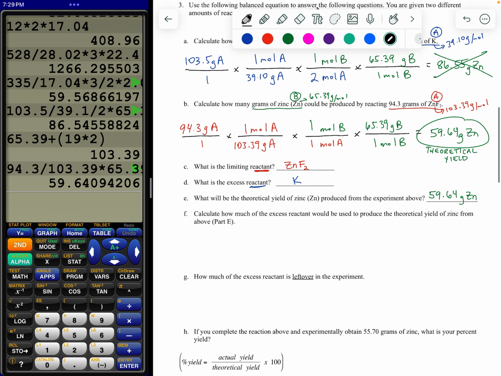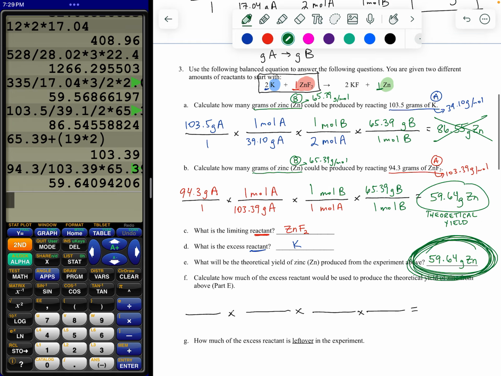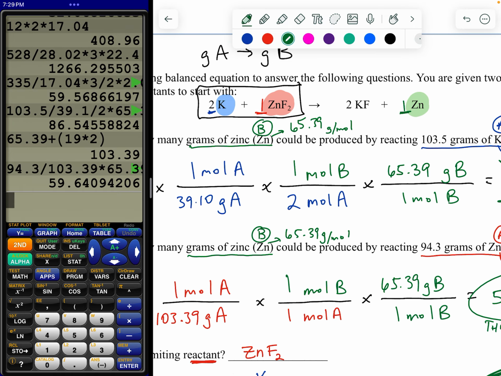This is going to be yet another gram to gram problem, and the only difference is we're going to evaluate now based off of this theoretical yield being what we start with, because stoichiometry allows us to, in theory, work with perfect ratios between all of our substances in a given chemical equation.